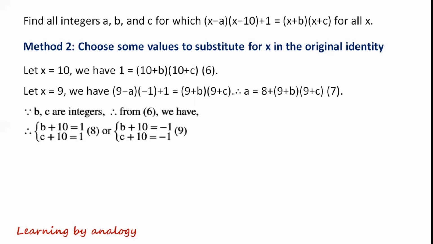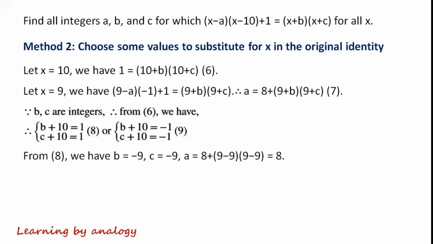Because b, c are integers, from equation 6, we have b + 10 = 1, c + 10 = 1, or b + 10 = -1, c + 10 = -1.